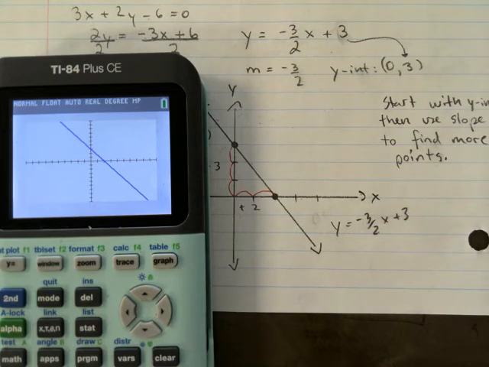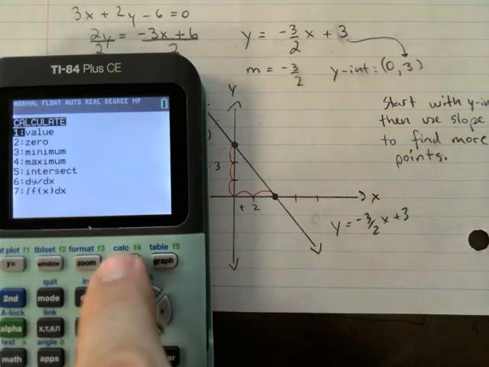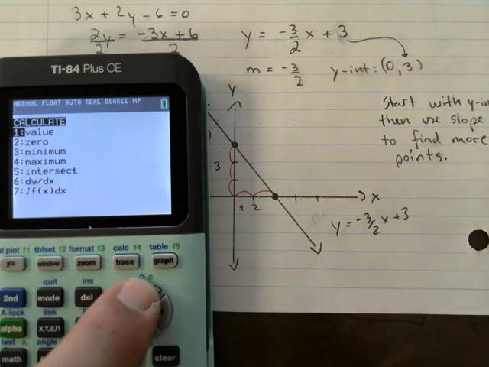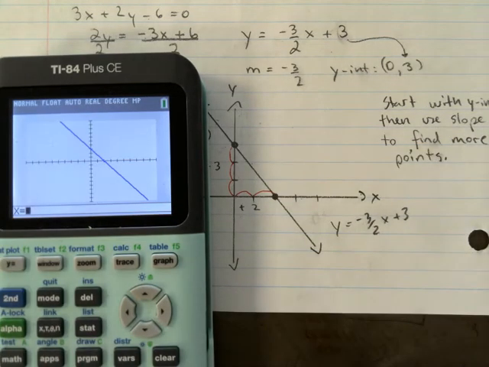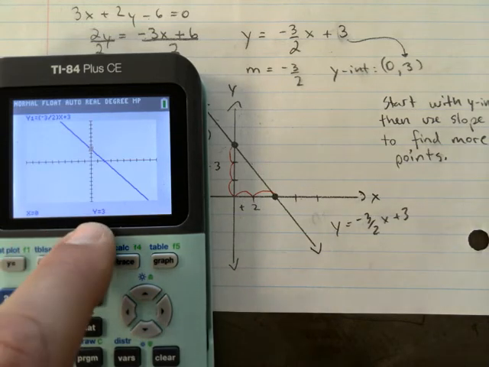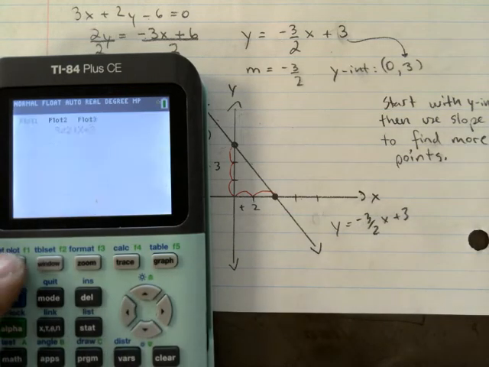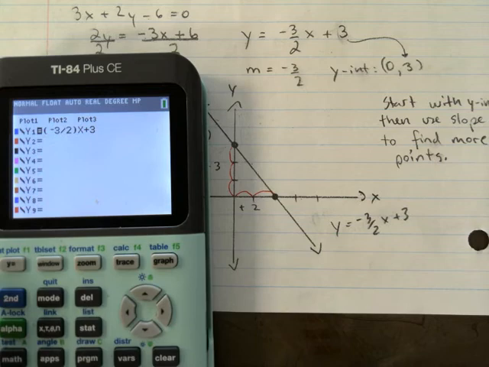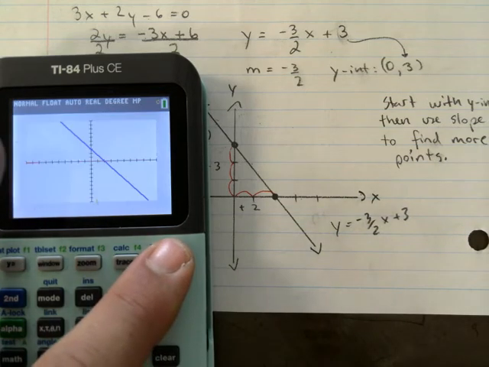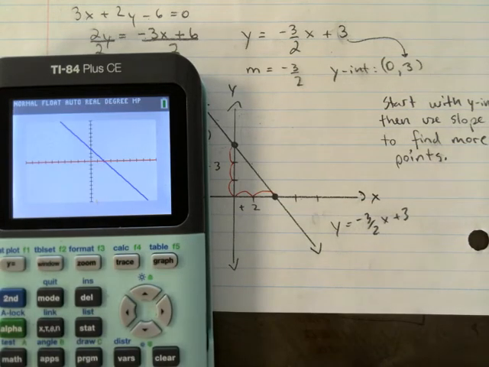Do you remember how to find the y-intercept? Second trace 1. Second trace value, right? Value. And if x is equal to 0, y is equal to, surprise, surprise, 3. And how do you find the x-intercept? Do you remember that? y2 is equal to 0. Hit graph.